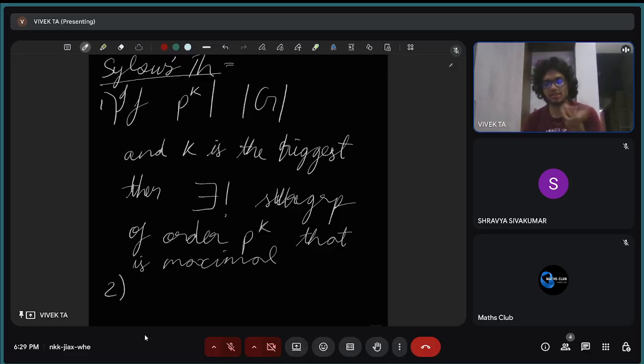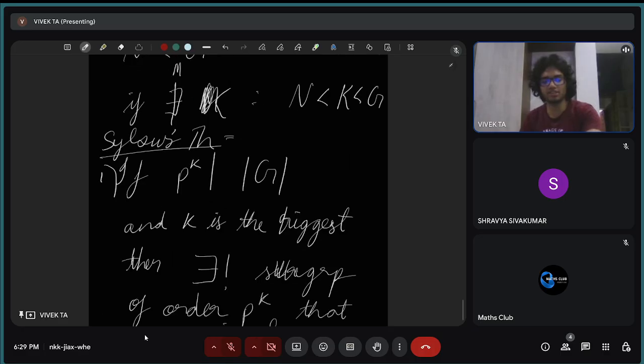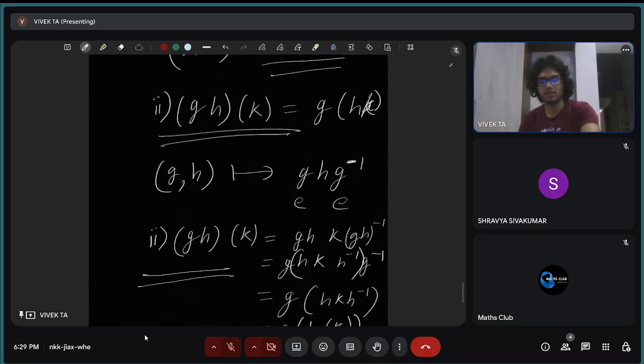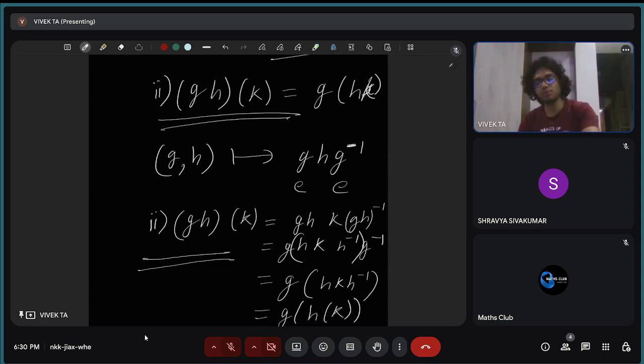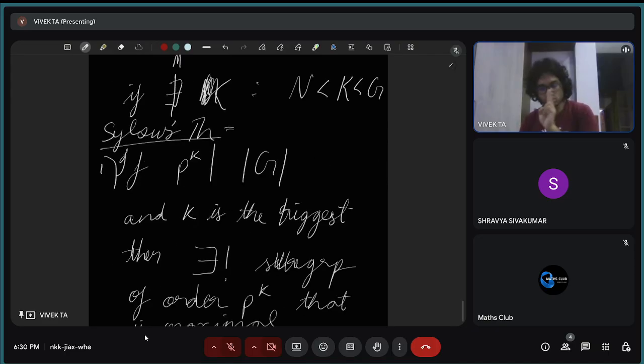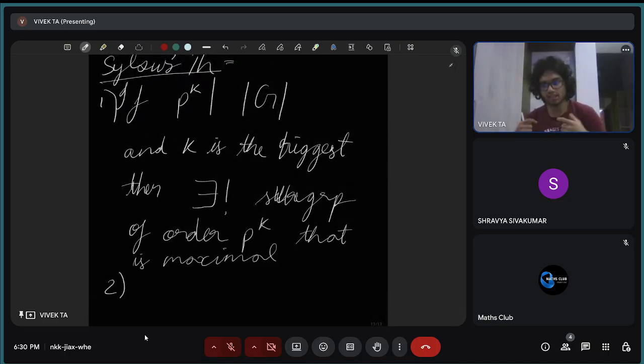In the sense that, if you take this group action and take its orbit, you can prove that two Sylow P groups are the same up to conjugation. One of the elements applied on the subgroup itself gives you the other subgroup. That's how it is connected.